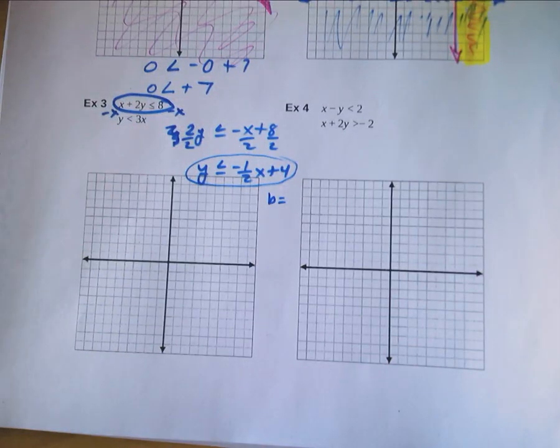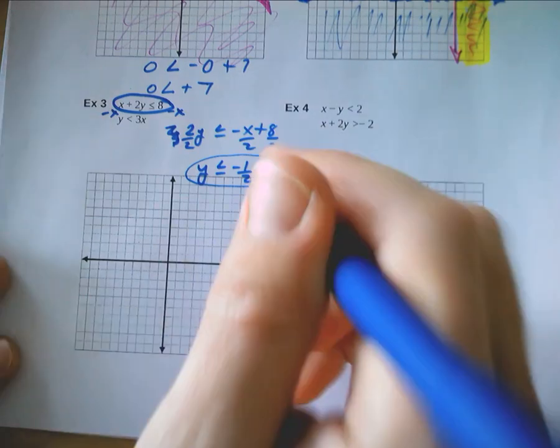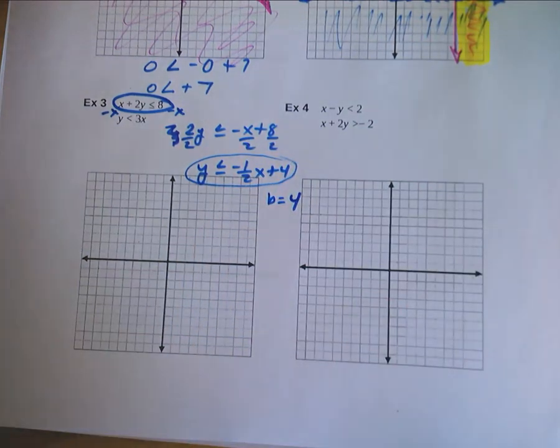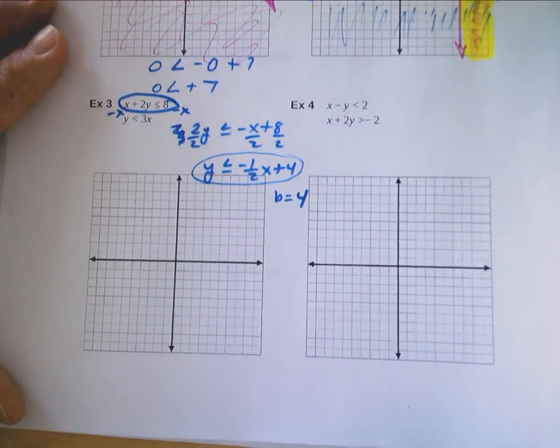No, the b value. Y equals mx plus b. What's b? People at home, come on, let's go. Wake up. I'm asking you a question. What is the b value? Y equals mx plus b. Help me out. 4. Oh, man. It's unfortunate that I only have one person that can answer that. I'm a little worried. Well, one person at home that can answer that.